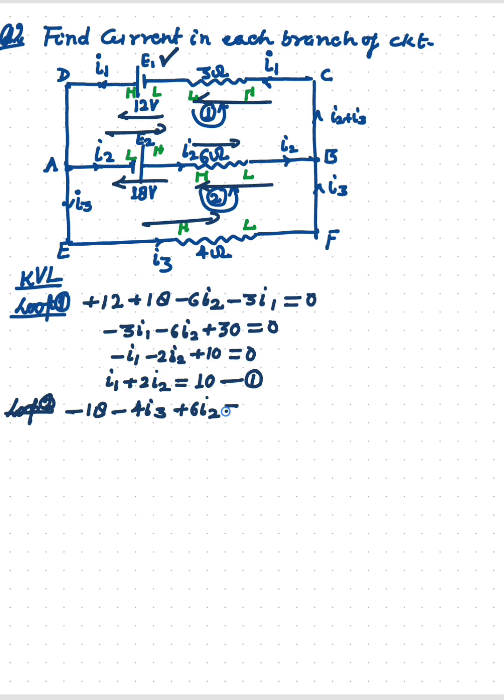Any problem? No. So this will be 6 I2 minus 4 I3 equals plus 18. Now we can divide by 2, so this will be 3 I2 minus 2 I3 equals 9. This is equation number 2.